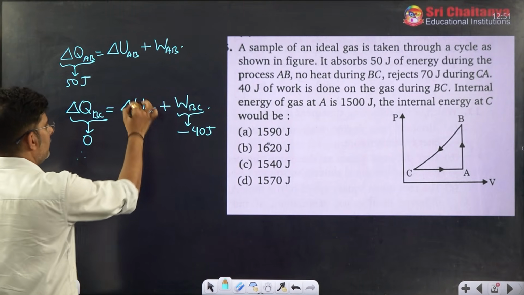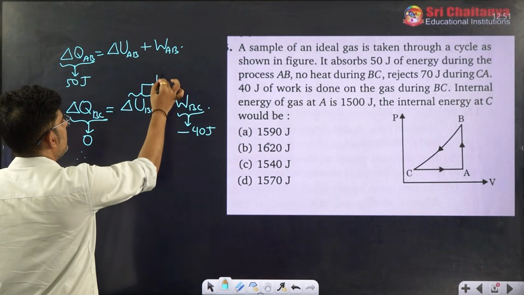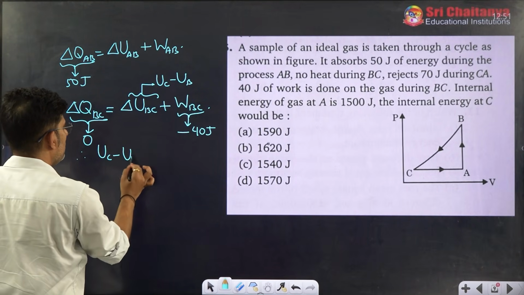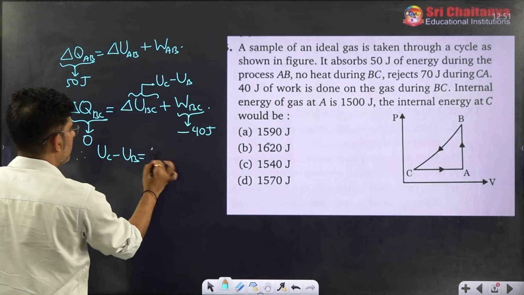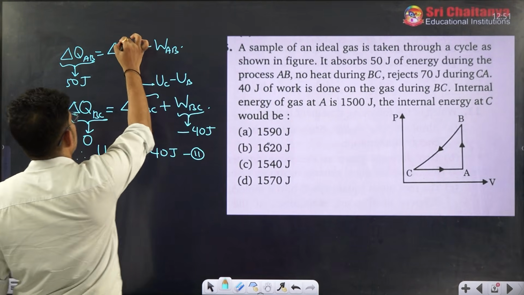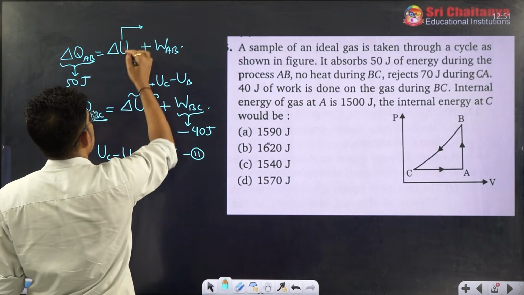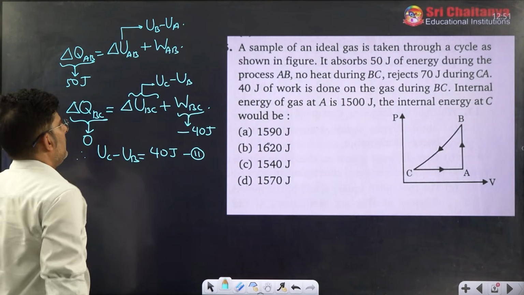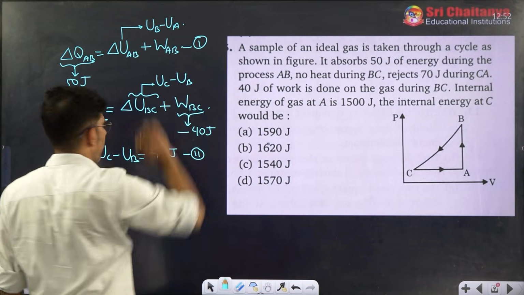So that means, what is delta UBC? Delta UBC means UC minus UB. So you can say UC minus UB will be minus 40 goes that side and becomes 40 joule. This is our second equation. And here you can see delta UAB, UB minus UA. This was our first equation, right?